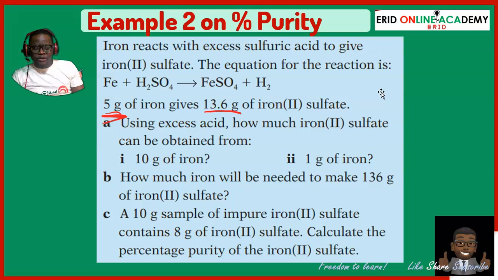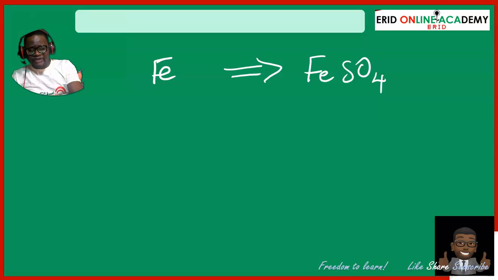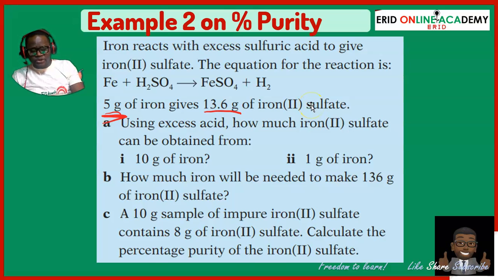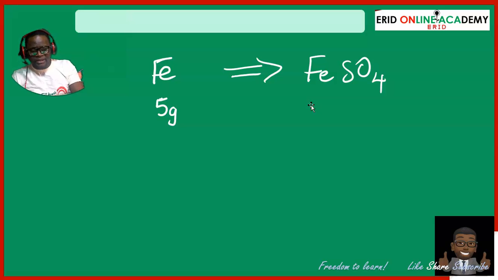From the question, we're given 5 gram of iron will give 13.6 gram of iron 2 sulfate. This is what we call the stoichiometry of the equation. What that simply means is that there is a law that guides how the iron combines with the sulfuric acid to produce the iron 2 sulfate.